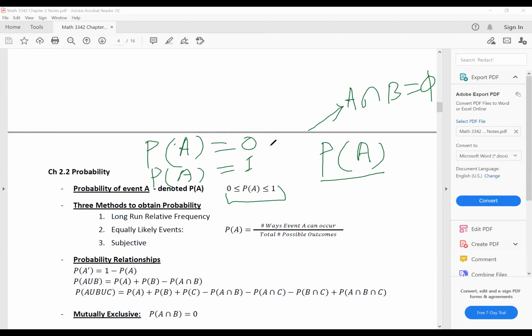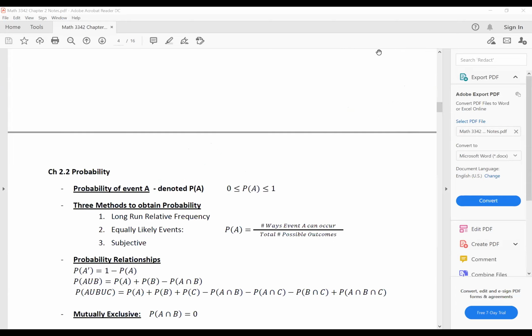It is not going to happen, so the probability for that event is always 0. This event is called an impossible event. When the probability is 0, it is called an impossible event, and if the probability is 1, it is called a certain event.